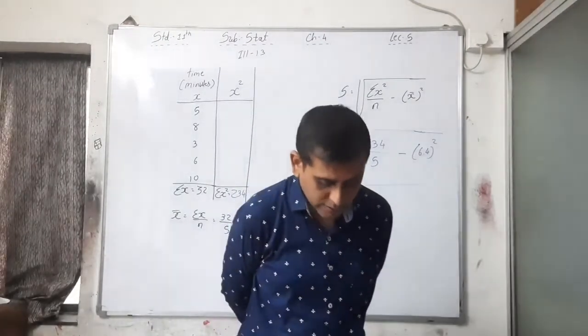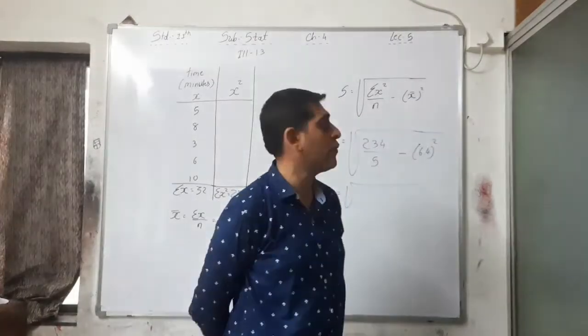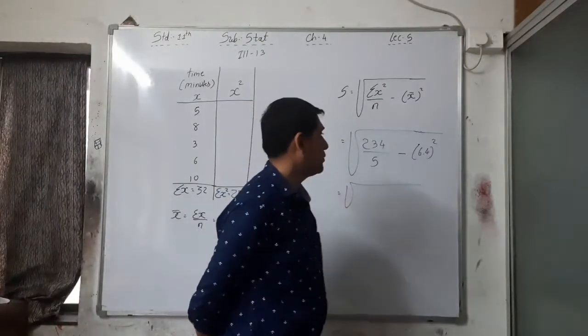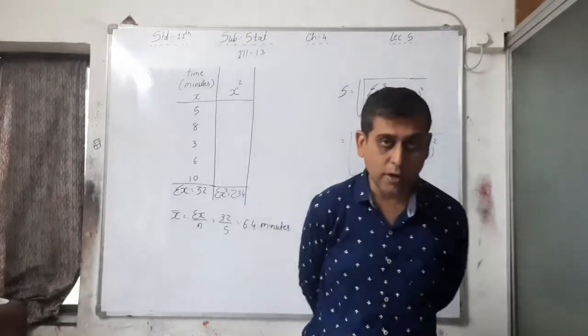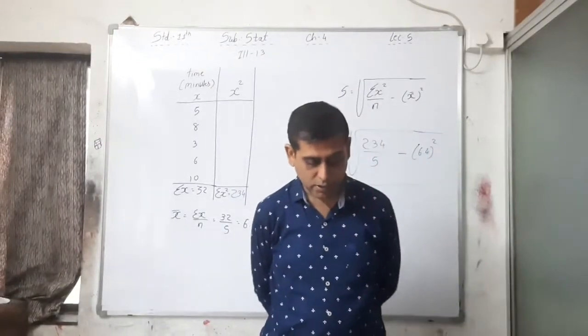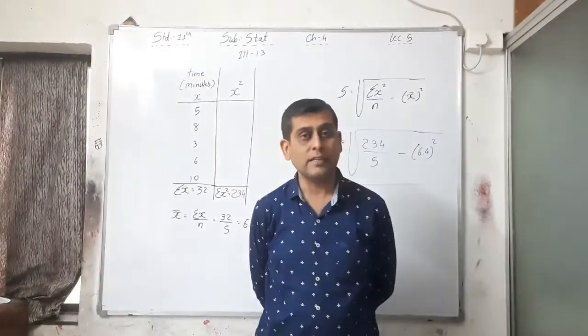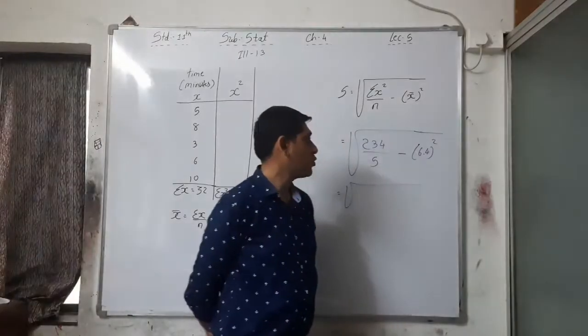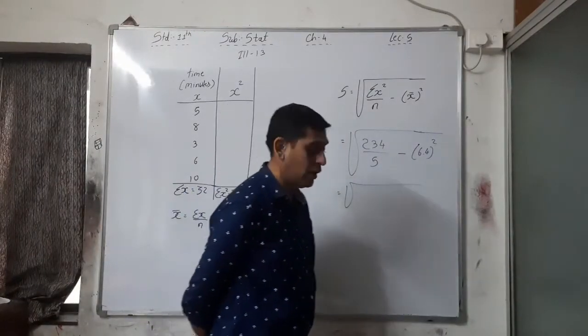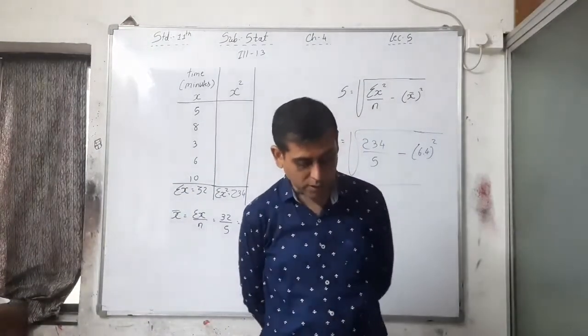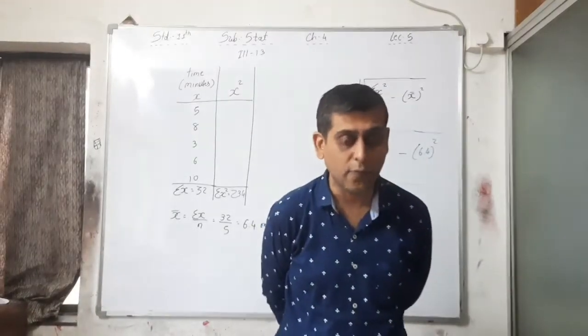What is that? See, it is 40.96. So 46.8 minus 40.96, the final answer of that subtraction is 5.84.